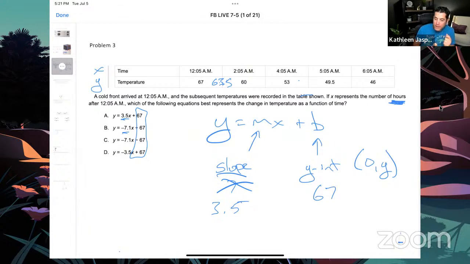All right. And so now, if it's 3.5 and we know it's 3.5, let's start looking at our answer choices. Our answer choices are giving us a slope of 3.5 here and a 3.5 here. The 7s are gone, so I can get rid of them. So now what do I need to do? What's the difference between a negative slope and a positive slope?